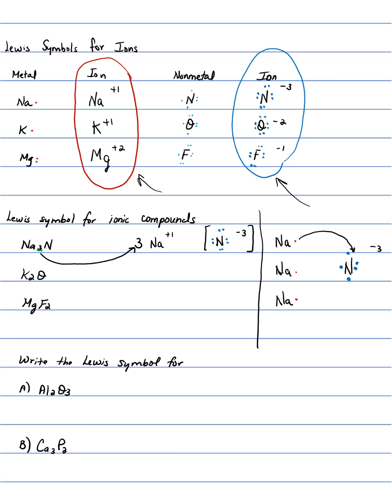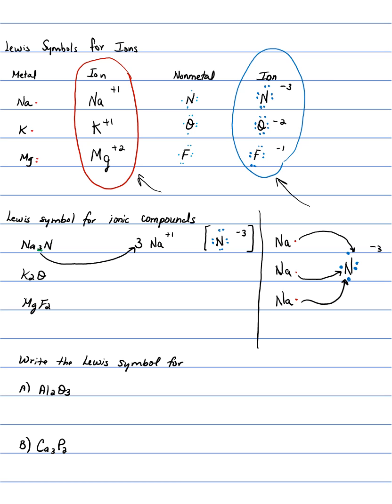So how this works is that your sodium will be transferring the electrons to the nitrogen to form the nitride. You see how nitrogen needs 3 electrons to go from 5 all the way to 8. One atom of sodium can give away 1 electron.